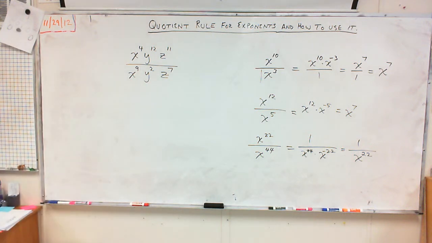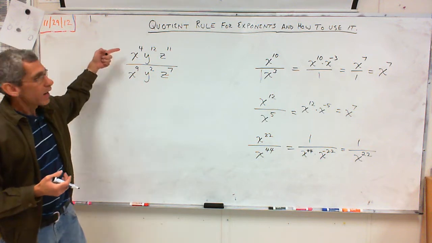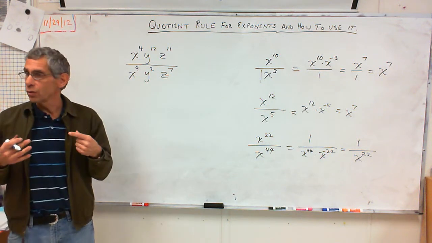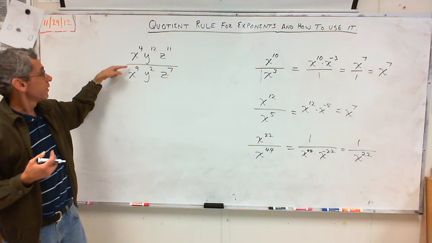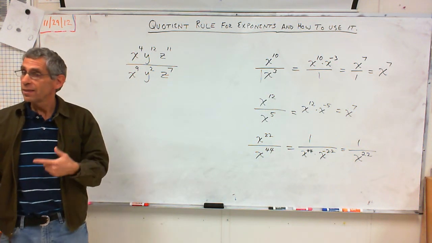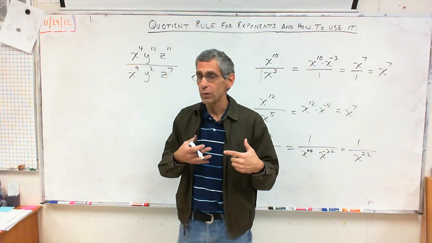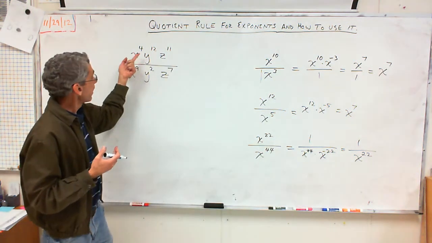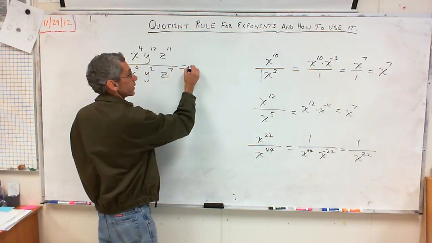Right? So if I did just that quotient rule, which is there's same bases, x and x, and I did 4 minus 9, then I'd have a negative exponent. You see what I mean? Then I'd have to deal with that. I'd have something with a negative exponent, and then others that are going to have a positive exponent. It would be easier to do it all at once, like this.